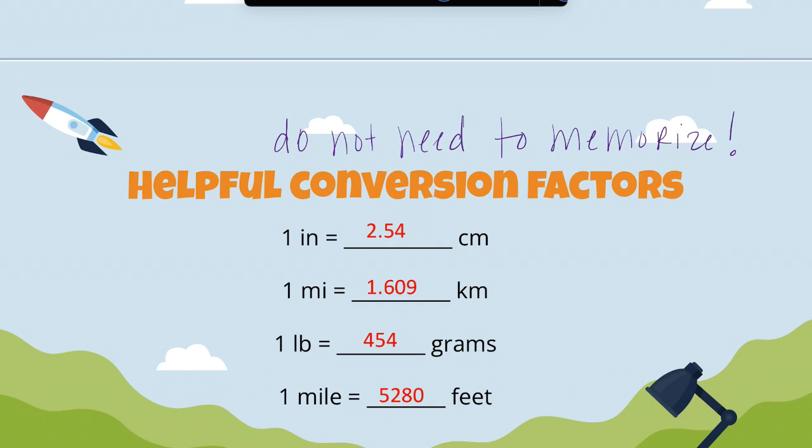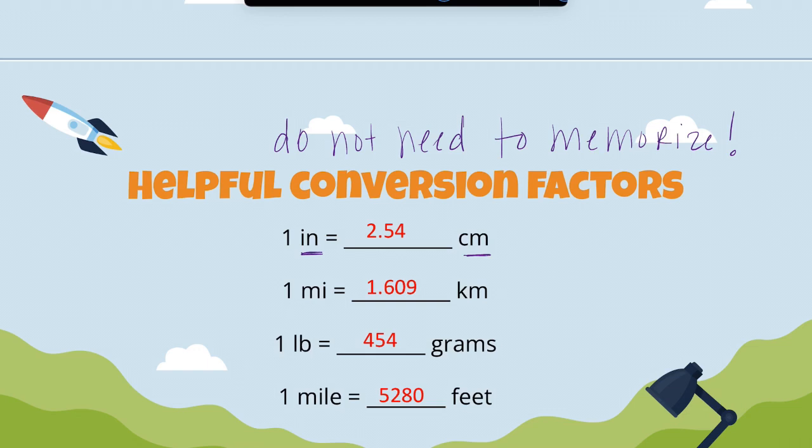So something that can help us convert between units of length is that 1 inch is 2.54 centimeters. So you can see this is helping us go from the imperial system to the metric system. But maybe if the length is longer, something that might be helpful is that 1 mile is 1.609 kilometers. That's why when you run a 5K, you're running 3.1 miles. 1 pound is 454 grams.